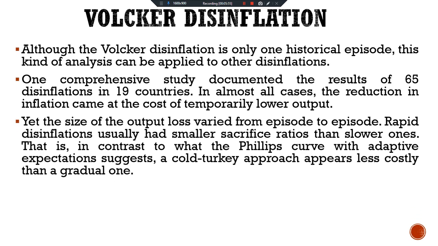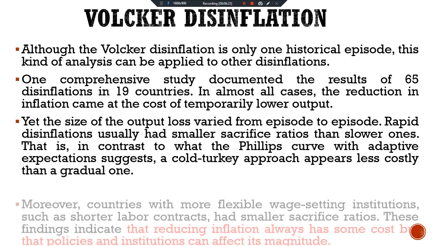Yet the size of the output loss varied from episode to episode. Rapid disinflations usually had smaller sacrifice ratios than slower ones. That is in contrast to what the Phillips curve with adaptive expectations suggests. A cold turkey approach appears less costly than a gradual one.